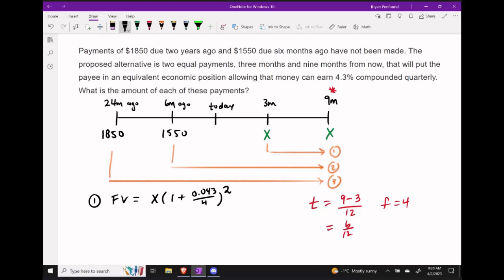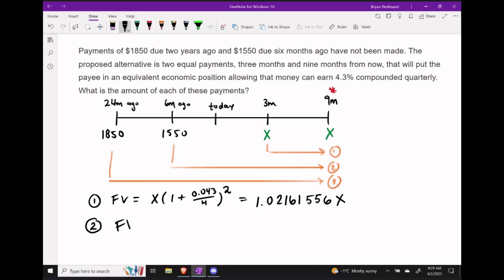So n is equal to 2. And simplifying this expression, we get about 1.02161556. So that's going to be the coefficient that is in front of this particular value of x. And that's the best we can do with step number 1. We'll come back to that later.